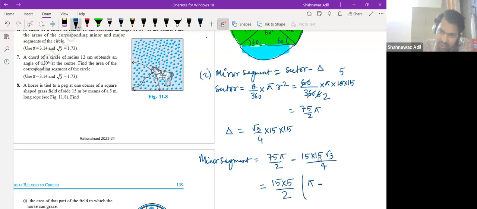And this is how much? 5 root 3. These are the values.